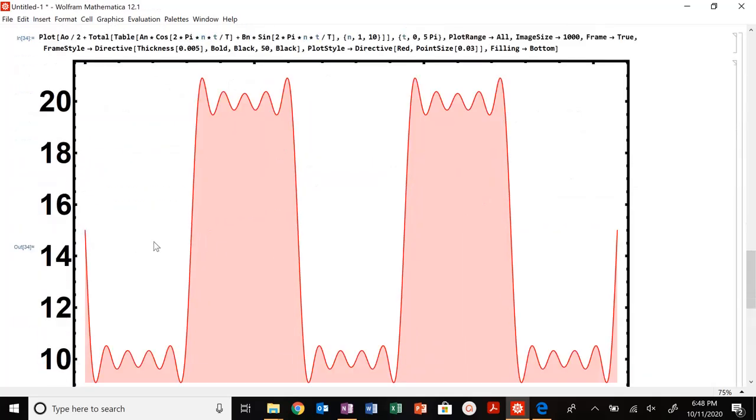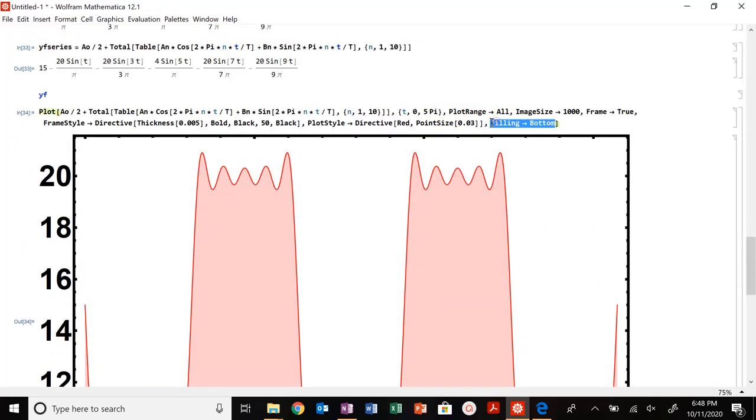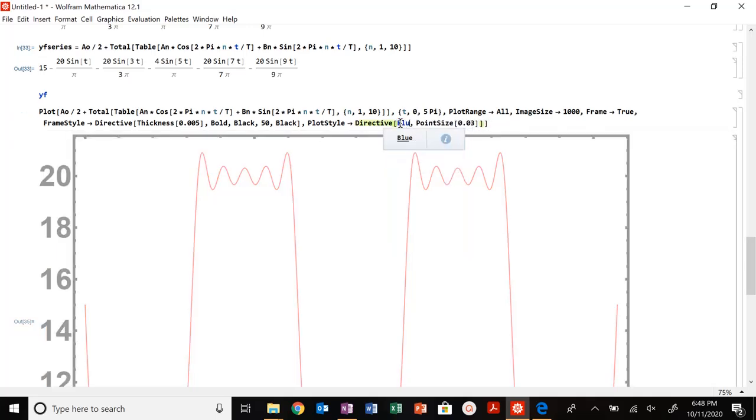Let's see how it looks. Ooh, I don't want to have the filling, so I'm going to get rid of that. And instead of red, I want to make this my blue. I have my thickness. Thickness be 0.05.